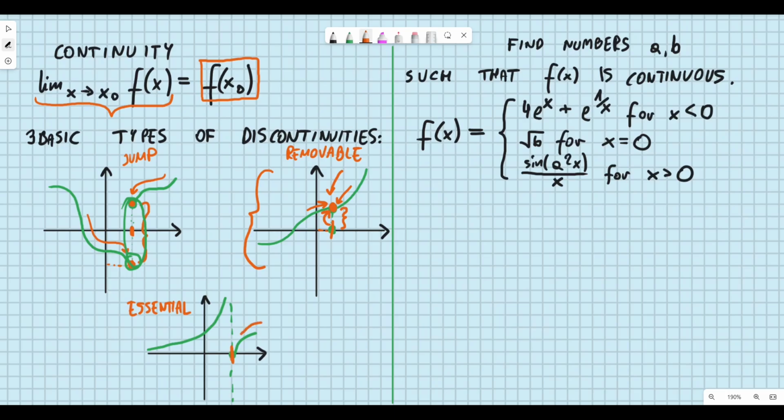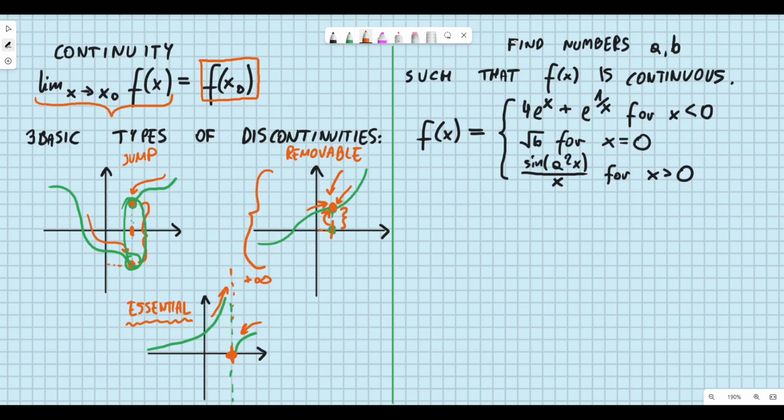So here, of course, the function does exist at the point, but since we have an asymptote here, the left-hand side value actually escapes to plus infinity. So there is no left-hand side limit, so we cannot simply move one point to make it work again. That's why it's essential. Of course, it will happen also if both one-sided limits don't exist, not necessarily by diverging to plus or minus infinity, but that will be our most common situation.